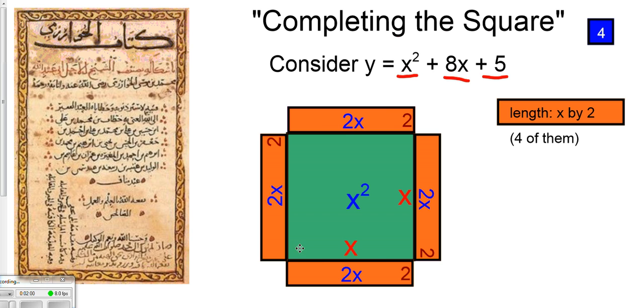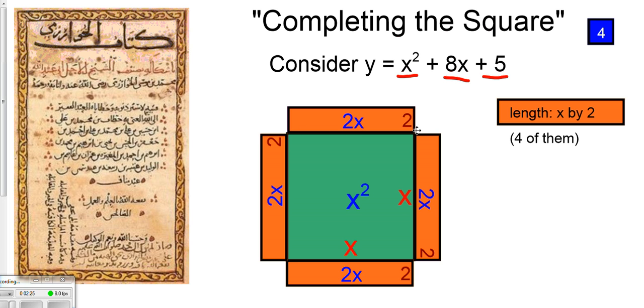So in this orange space there is a total of 8x. The green space was my x squared, the orange space is 2x, 4 of them making 8x. So again, if this side length is x, the lengths of all of the orange ones are also x. So this height has to be 2.